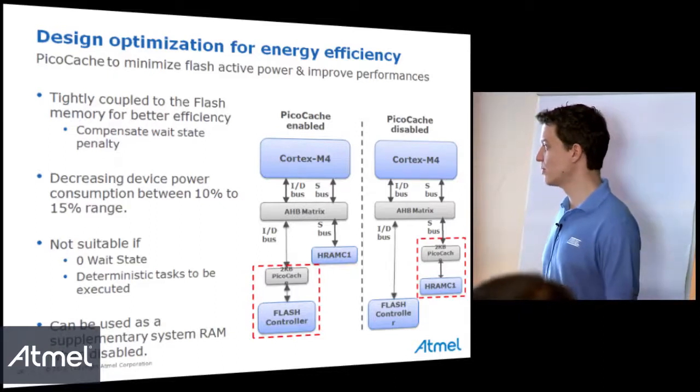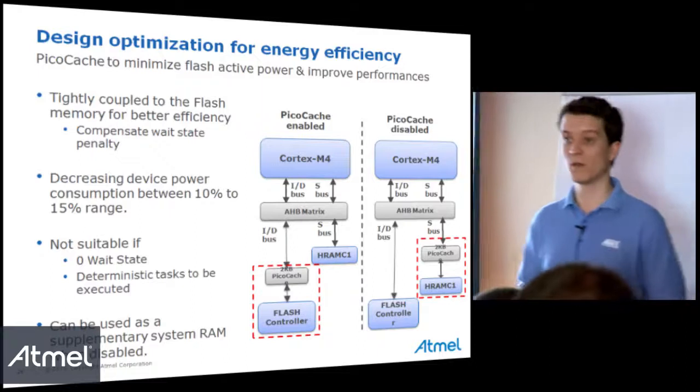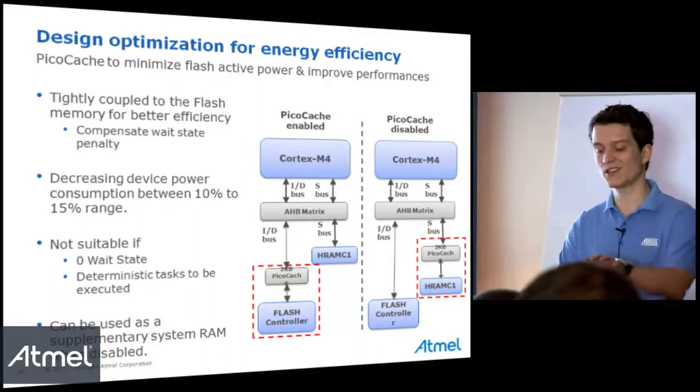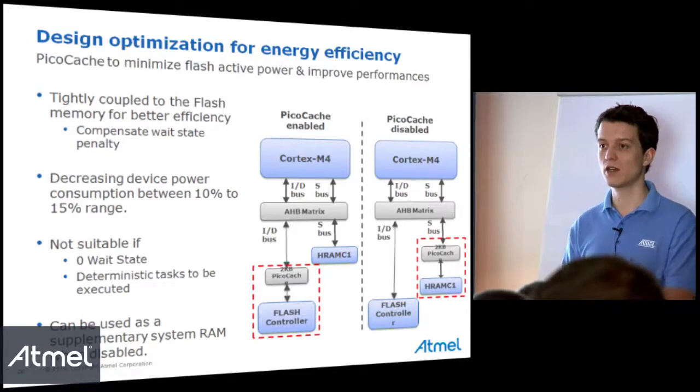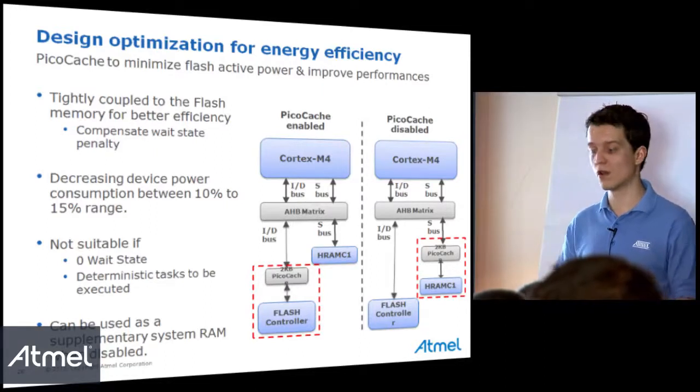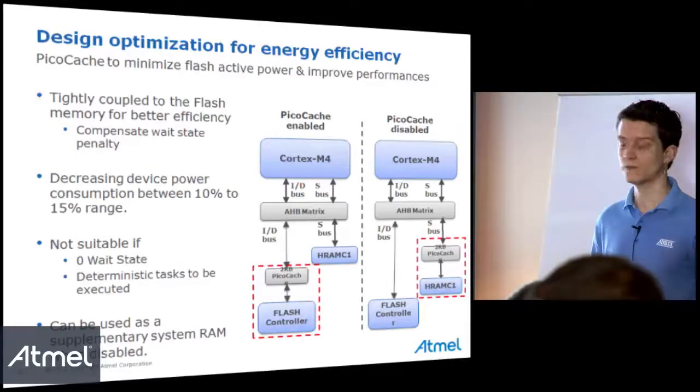It's not suitable if you are below 24 megahertz in terms of performance, because you will lengthen the process a bit, since you need to copy in parallel. So if it's not needed and you are below 24 megahertz, just disable the cache.